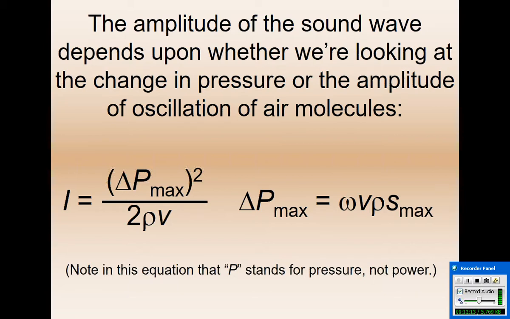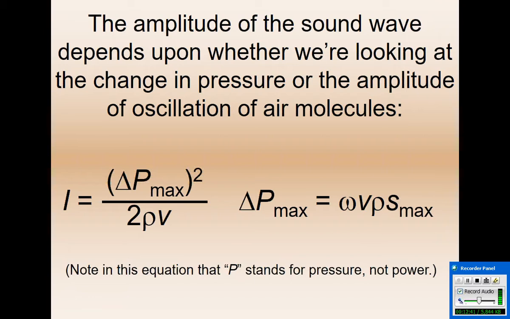There is also a proportionality between the maximum pressure deviation and the maximum displacement of the air molecules as they oscillate back and forth. The maximum deviation in pressure is equal to the angular frequency omega times the wave speed v times the density of the medium rho times the maximum displacement S max.